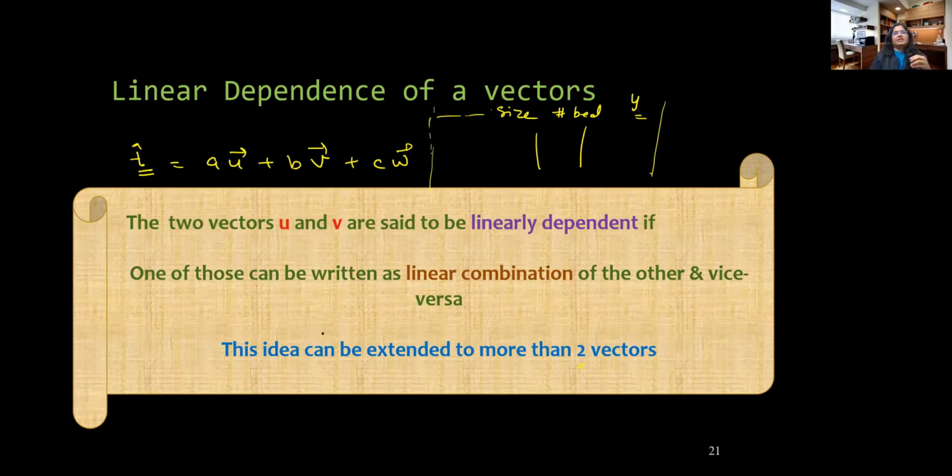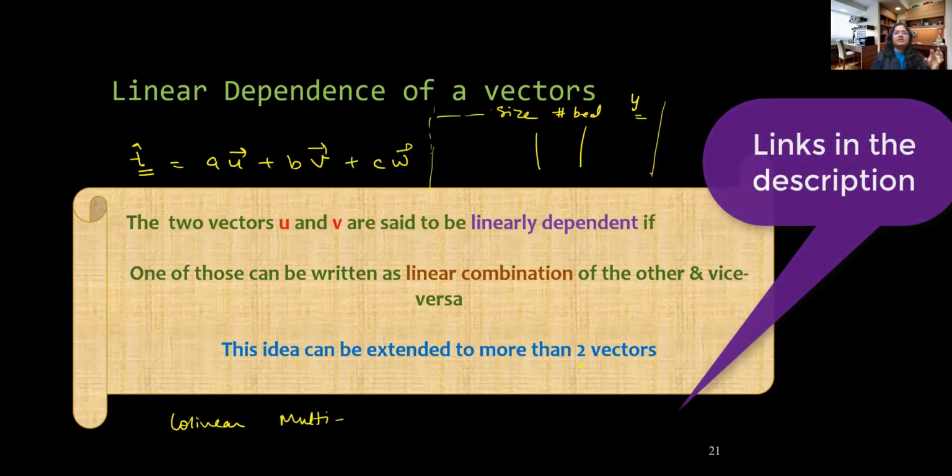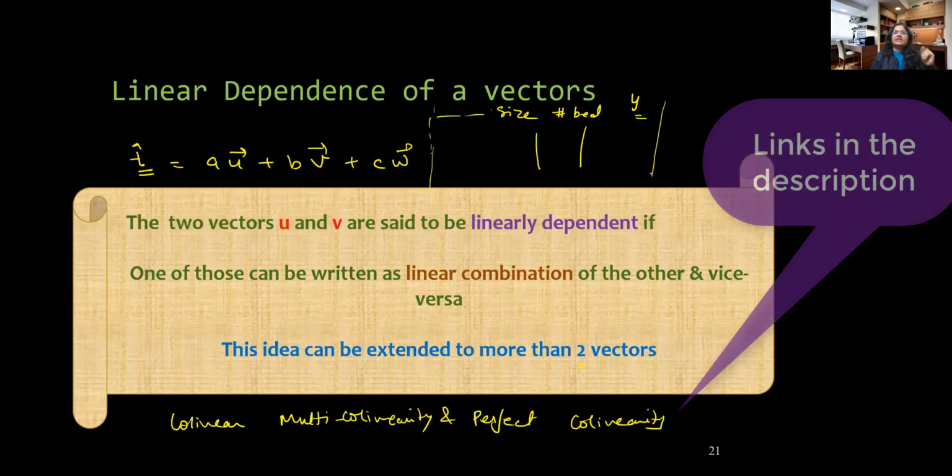Now, I am not discussing a lot, but if you are from a data science background, you need to understand the concept of collinearity and multicollinearity and perfect collinearity. Yes, these three are different things. And I have written detailed answers on these topics on ResearchGate and Stack Exchange as well, where you can see what these things are and how to deal with them if you are doing machine learning.